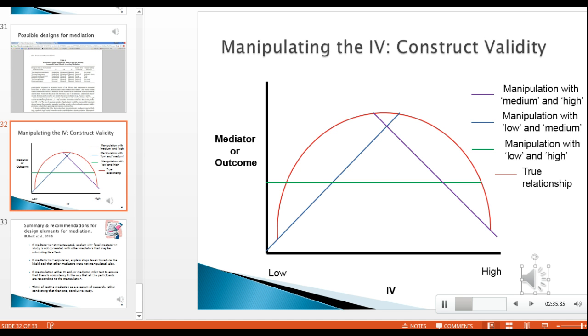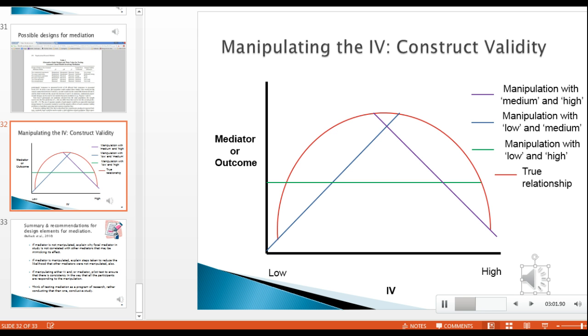So if we had high and low on that variable, but there was a curvilinear relationship in reality, like we see with the red line, we would see this green line. If we tried to correlate the IV and the DV, we would see no relationship, right? Because we had some low and some high, and we didn't capture the middle part.